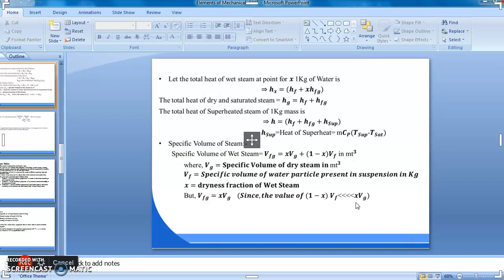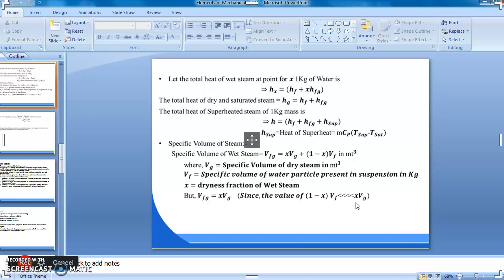When the steam is completely converted into dry saturated steam, the total heat absorbed will be equal to hg, and hg will be equal to hf plus hfg.